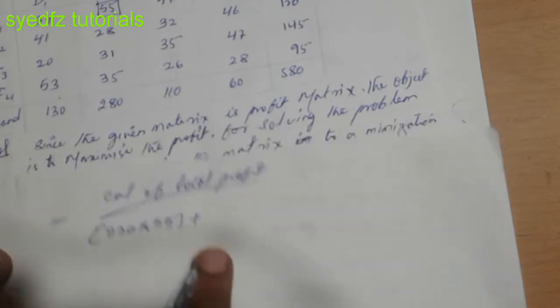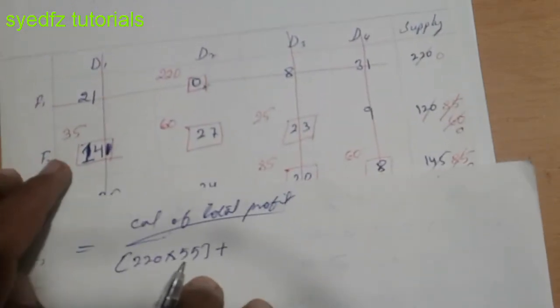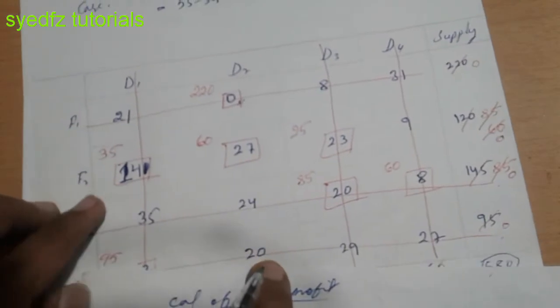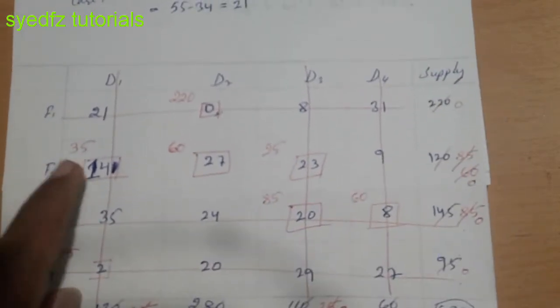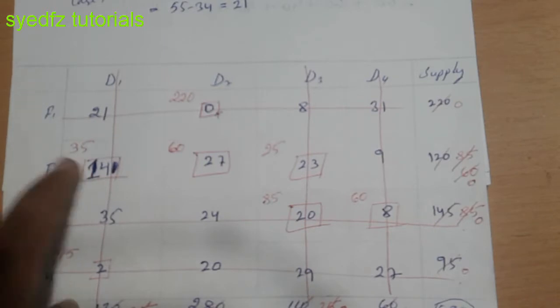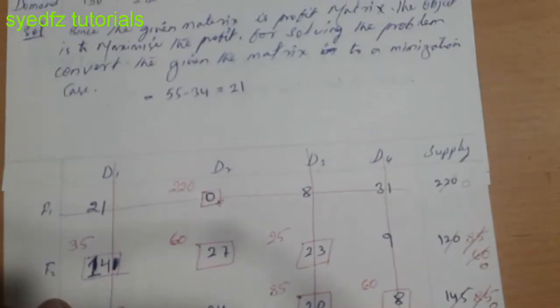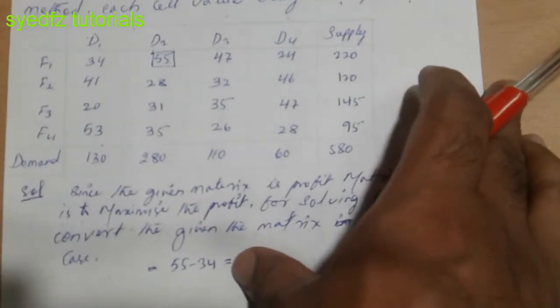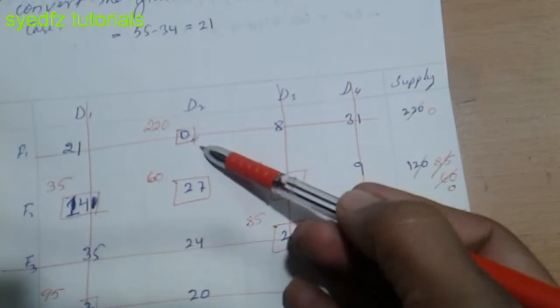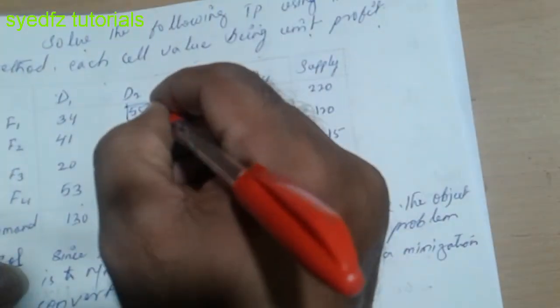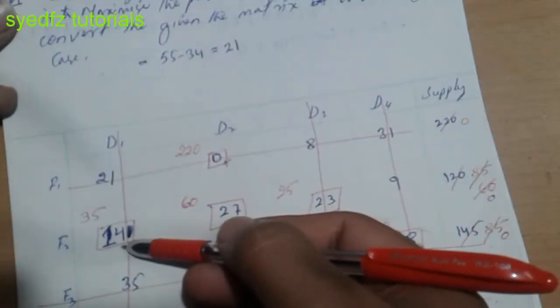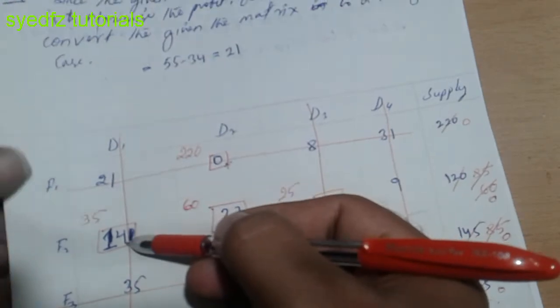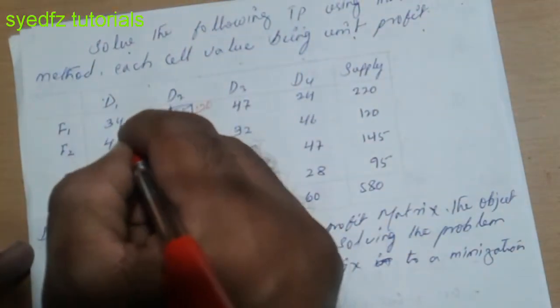Now plus in the second row, start from here. How much? 35. F2 is a 35, or else you can assign here in the first table. Let's assign directly where we can directly calculate it. 220 in D2, so right here 220. 35 in D1 F2, so here write 35.